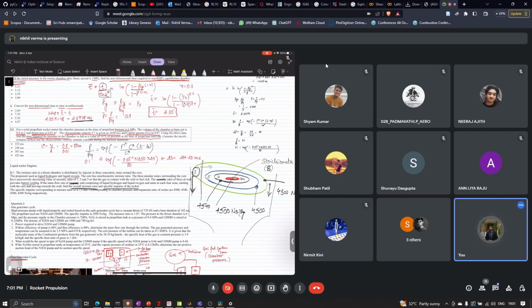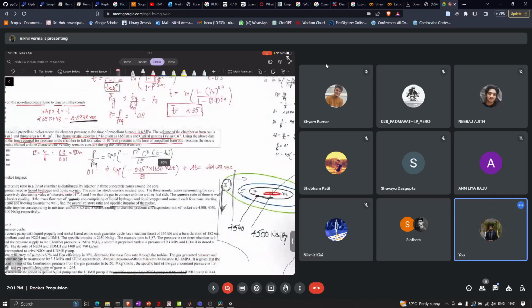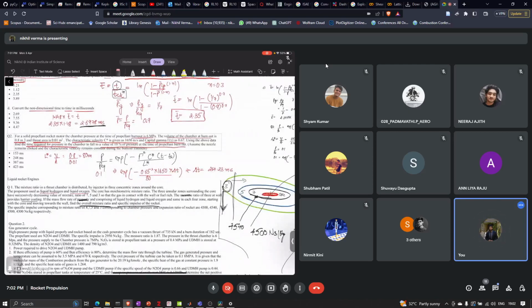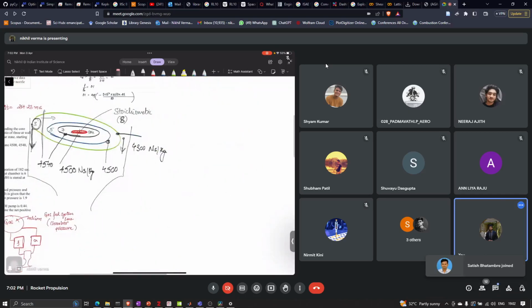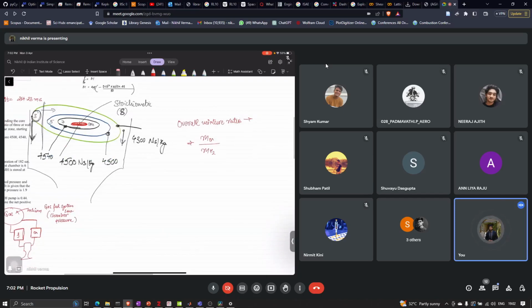Let us do this. The overall mixture ratio is just the mass of the oxidizer in the complete chamber divided by the mass of the hydrogen, right? Correct? So this is the mixture ratio.